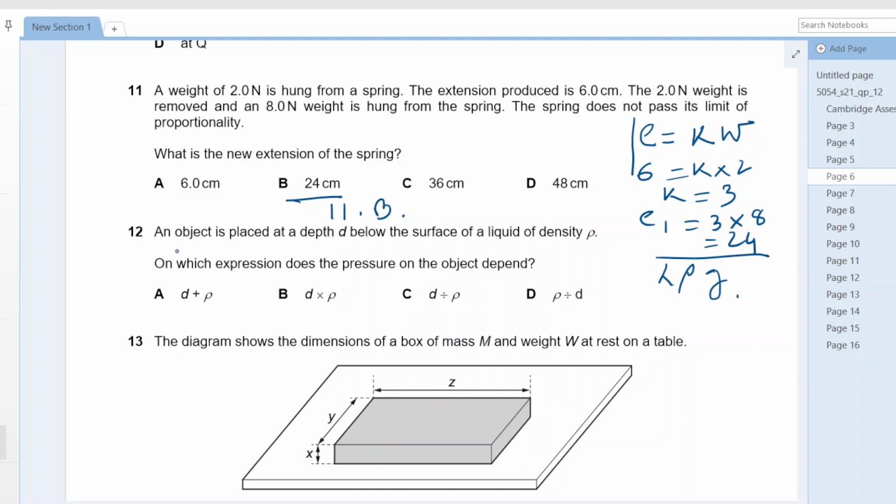Here h is D, therefore D rho g, where rho is density of the liquid. Therefore, the situation at B describes the answer. And now write 12B.